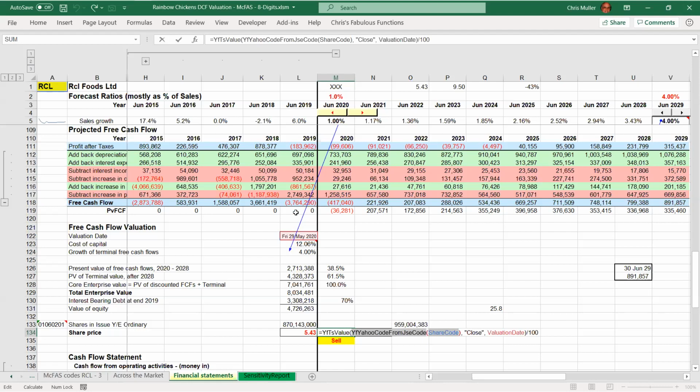And we then need to tell it, do we want the high, the open, the low, the volume, or the closing value, which I want. And when do I want it? On the valuation date. Now that's going to give me a share price in cents, so I'm going to divide by 100 to make it rands. 9 Rand 50. So if my model share price is greater than, it's a buy, but it's less than, so it's a sell. How about that, guys? We finally reached a share price and a recommendation.